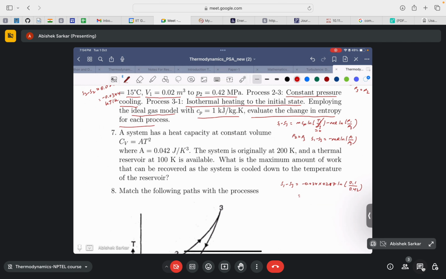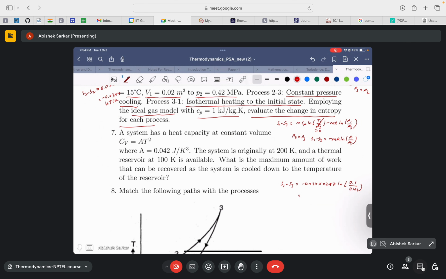Okay, let me check. Let us calculate it. 0.024 into 0.287 into natural log of 0.1 by 0.42.